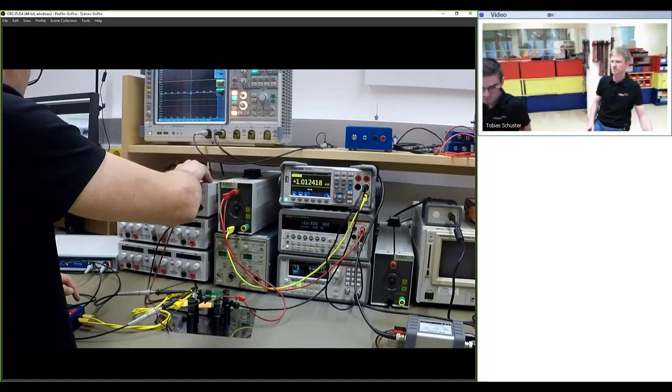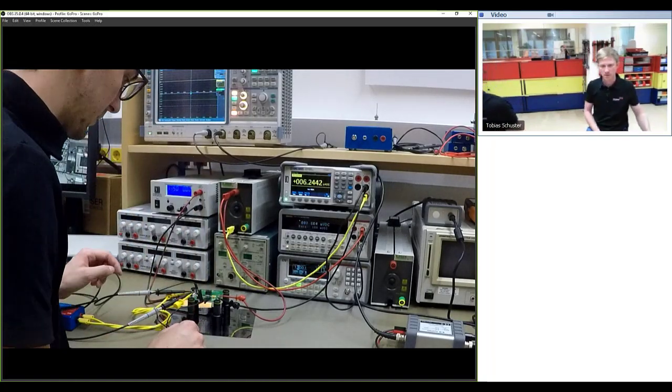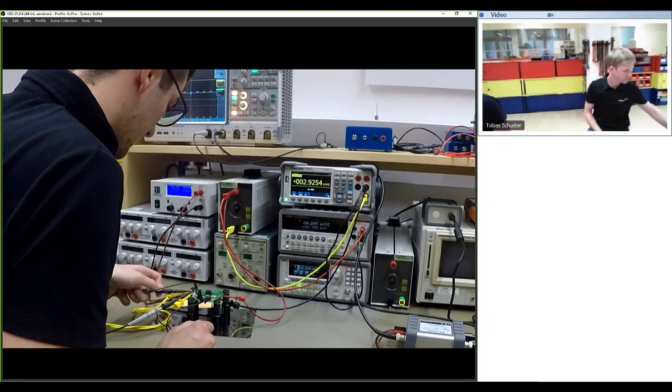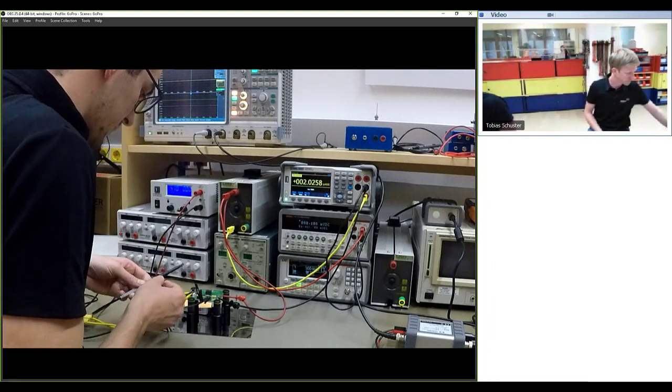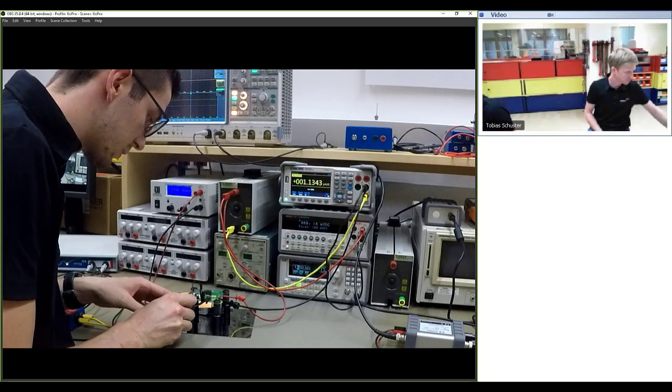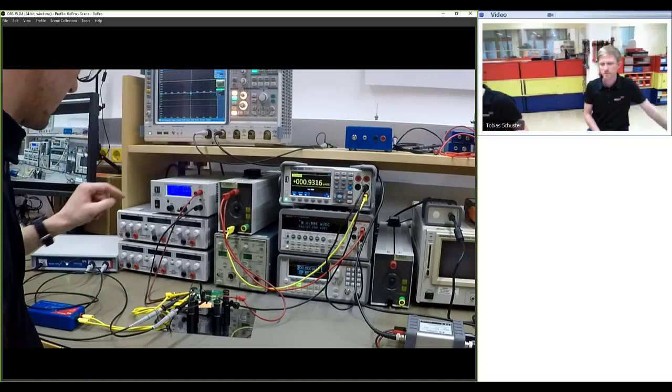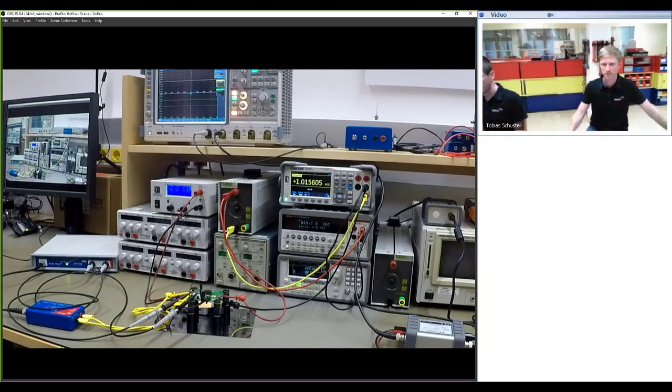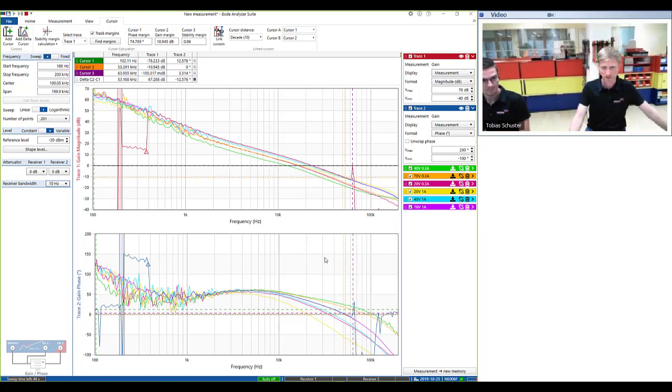First of all, I will switch off the device under test so I can't break anything. And change channel 2 from the output voltage to the compensator pin and switch on the power supply. Okay, and now the measurement, I will speed up that again to 100 Hz.